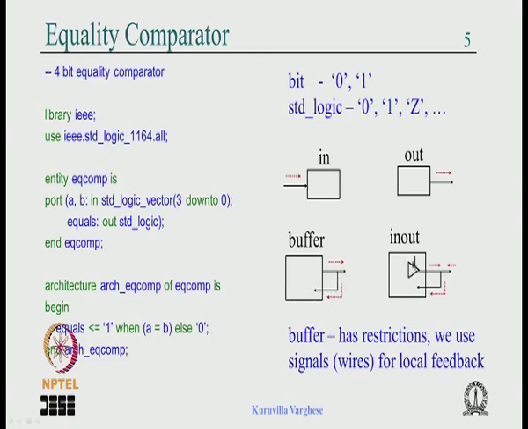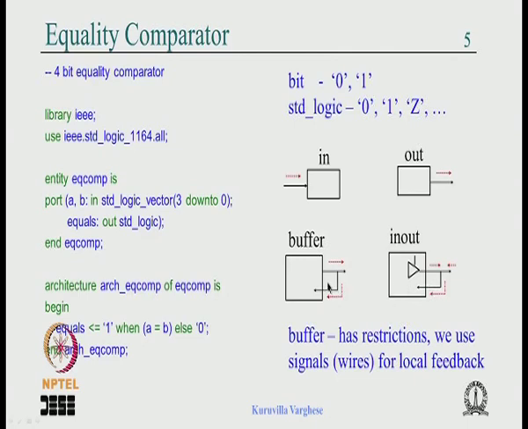But when you say something is in out, it literally means there is definitely a tri-state gate, and when the enable is 1, this circuit will drive the circuit which is outside. And when it is disabled, this part is inactive, it is tri-stated, and this can be used as an input pin. That means literally something can drive the pin, okay.